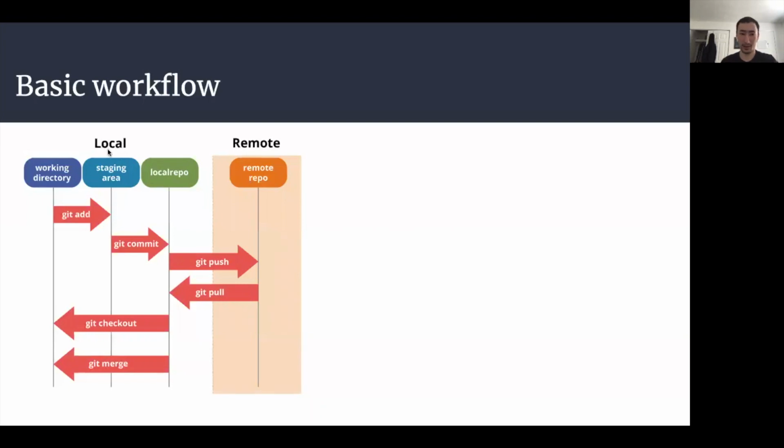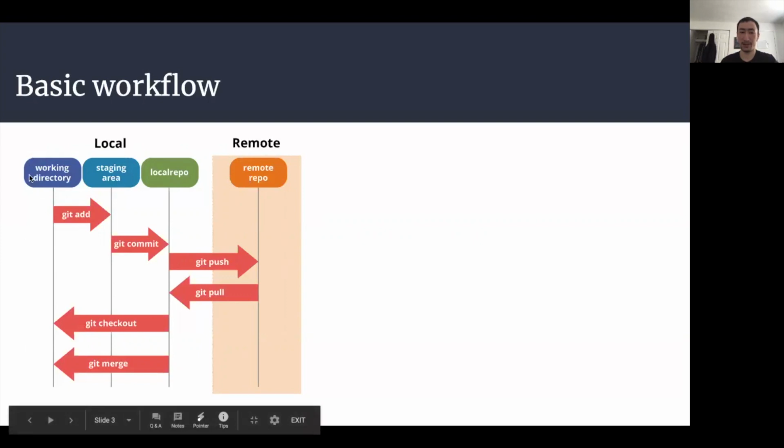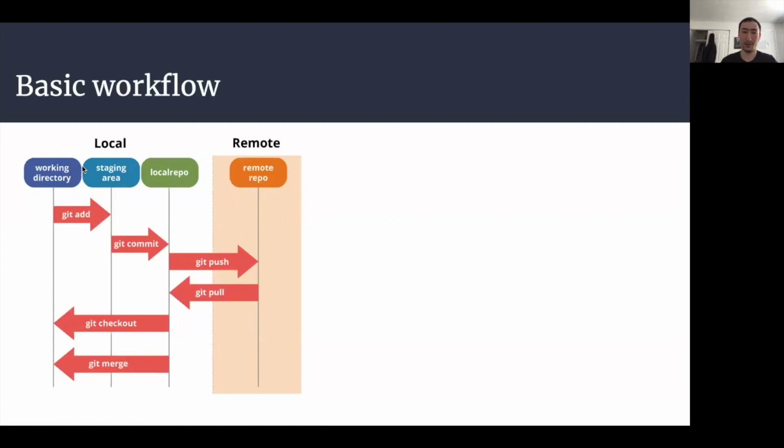So basically the workflow is that by default, you're in your working directory, and when you make some changes to your files, you can add them to the staging area. After you're comfortable with those changes, finalized, wrapped up as a batch, you can commit your changes to the local repository.